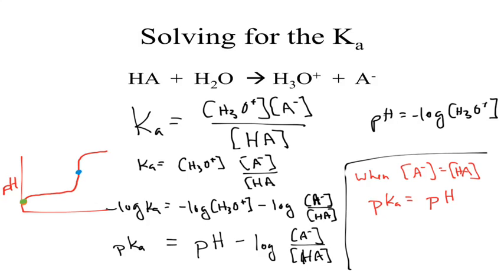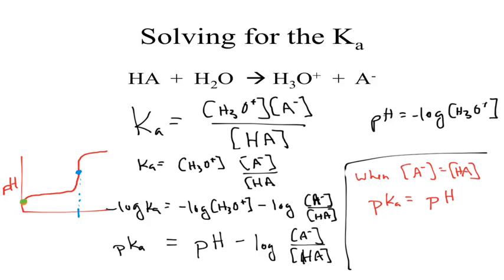At the half equivalence point, I know that the concentrations are the same, which means this expression simplifies to saying that pKa equals the pH. So given this titration curve, if I want to know the pKa, what I'll go through and do is say, okay, to get to the equivalence point, it took this much base.